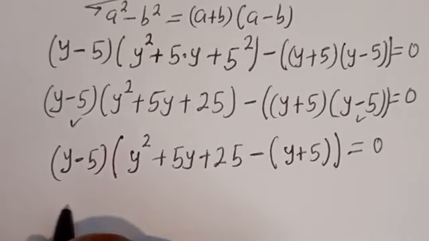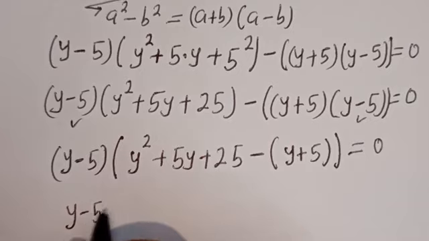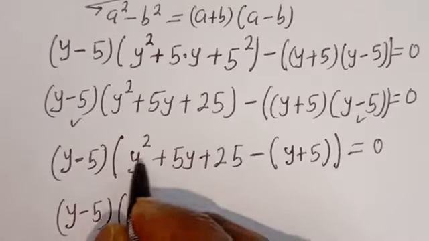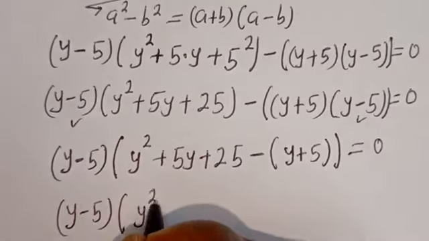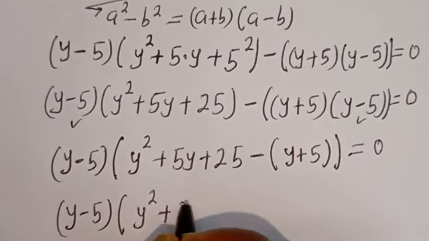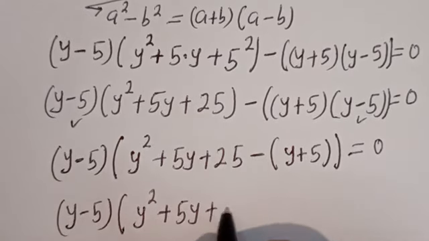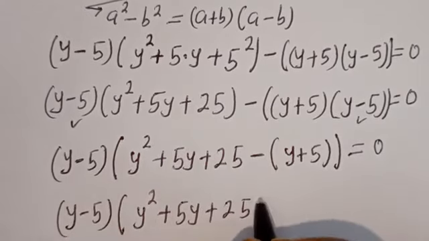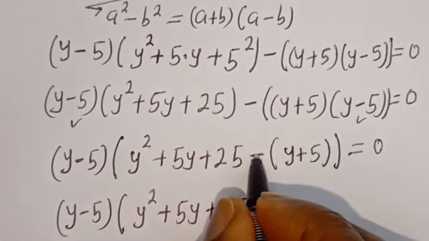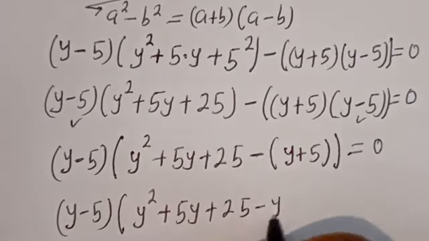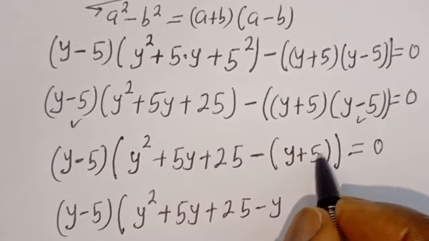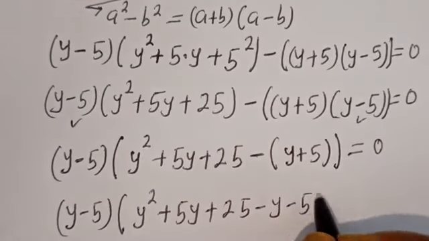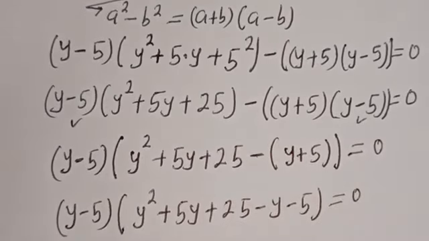Now here we have y minus 5 bracket here y square plus 5y plus 25, here minus multiplied by y, this is minus y, minus multiplied by plus 5, this is minus 5, is equal to 0.